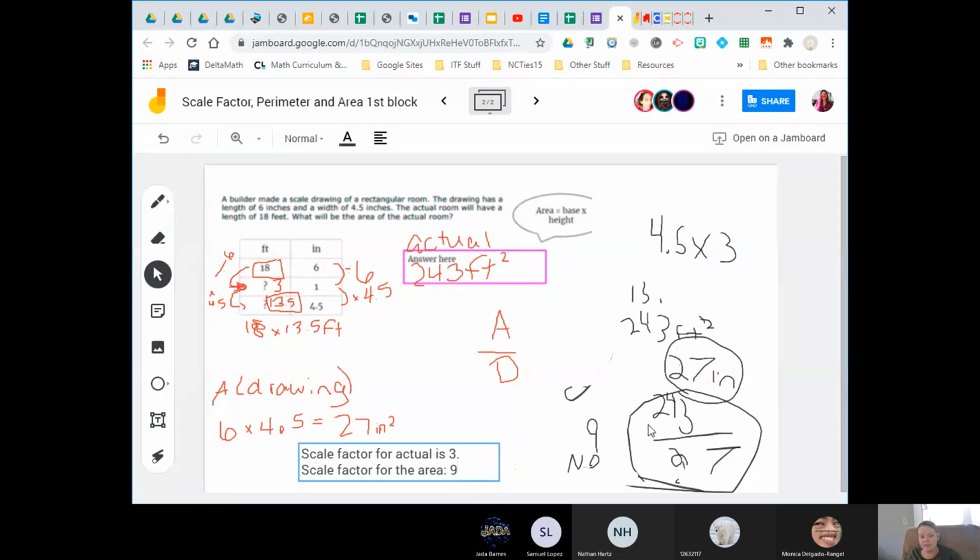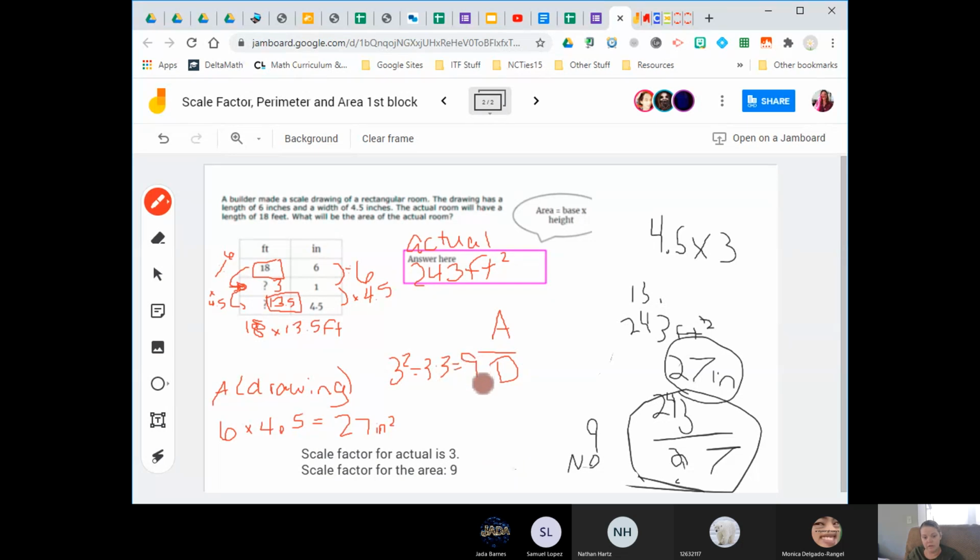So when we're talking about scale factor with area, your scale factor for your area is going to increase by whatever this number is squared, because 3 squared means 3 times 3, which is equal to 9, okay? So with area, whenever you find a scale factor for your measurements, if you square that, that is the scale factor for your area. All right.